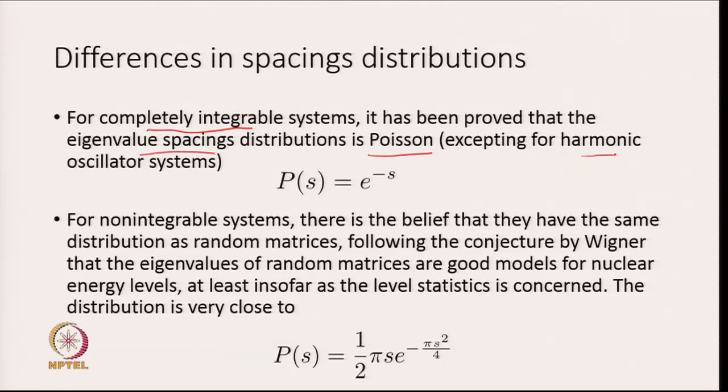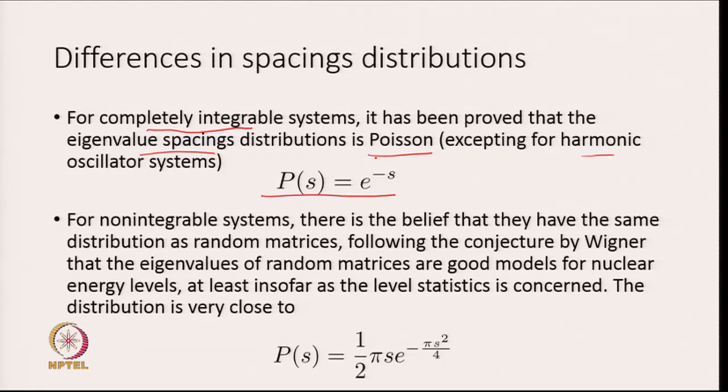Leave out harmonic oscillator systems because they are exceptional, but if you take a typical integrable system, you would find that the eigenvalues have a Poisson distribution, which is basically just a decaying exponential, and the highest probability is to have a spacing of 0, or levels are clustered very closely together.